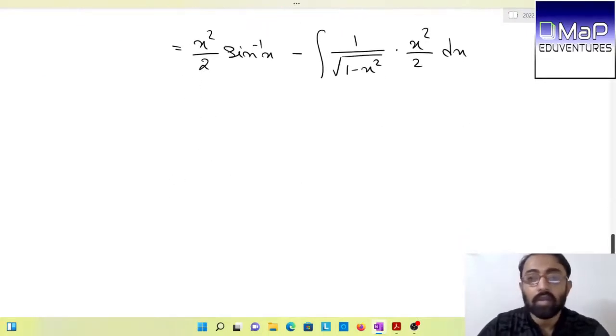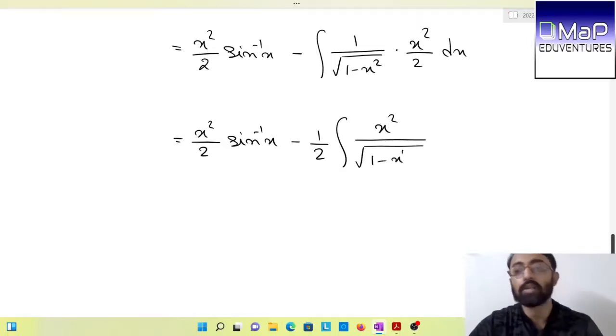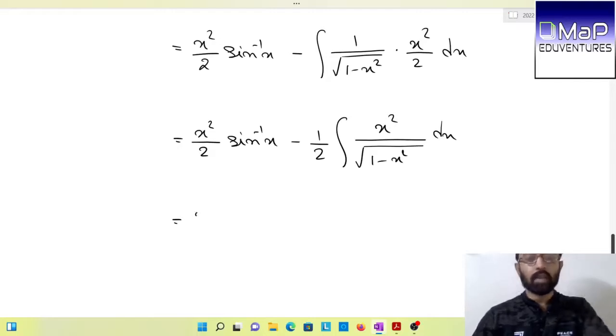Okay, now the first part is x square by 2 sine inverse x. In the second part, let us take that half out. So if we take half outside, x square divided by under root 1 minus x square dx. Okay, now what? Now we can do one thing.